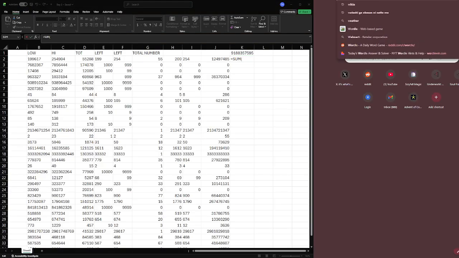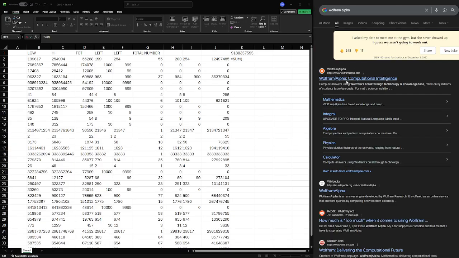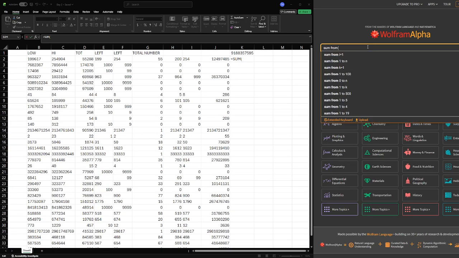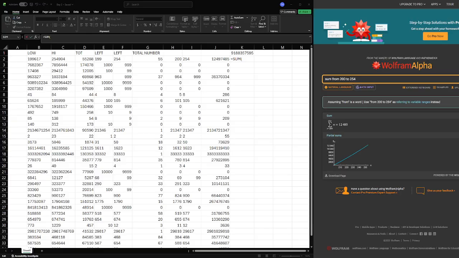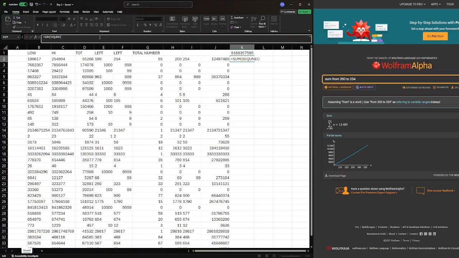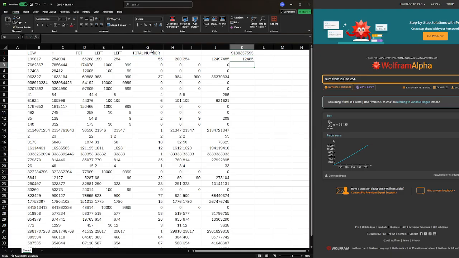Okay, I'm gonna pull up Wolfram Alpha real quickly. We have this number.